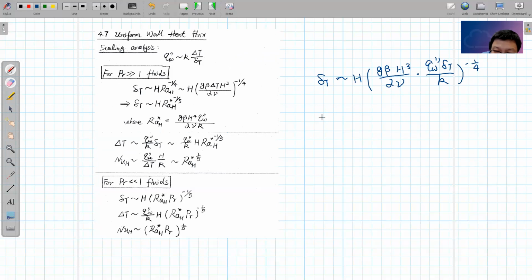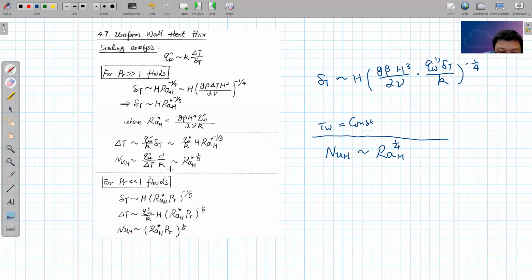Remember that previously, for T wall equal to constant, we have this Nusselt number H equal to Rayleigh number H to the 1 over 4.